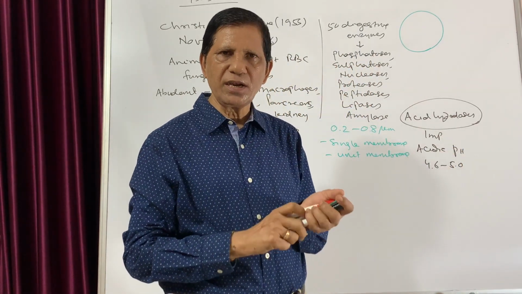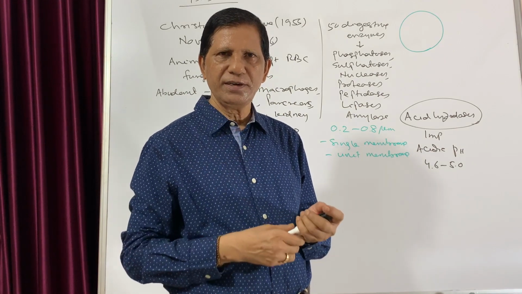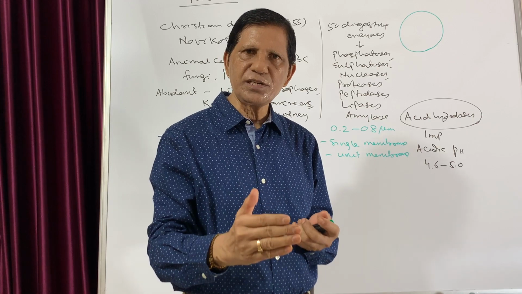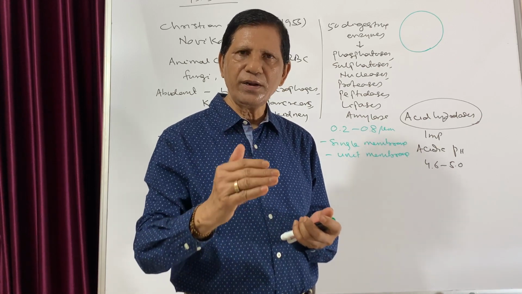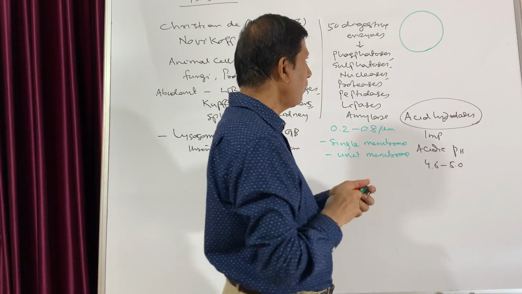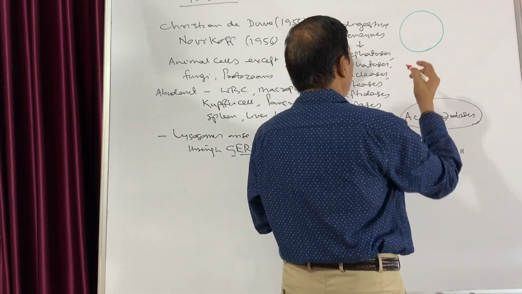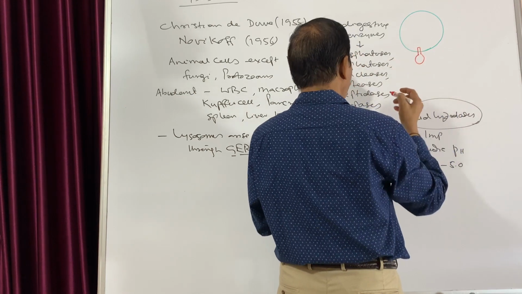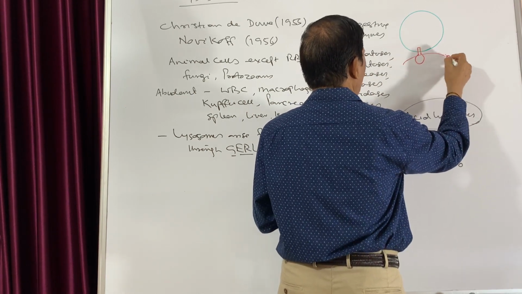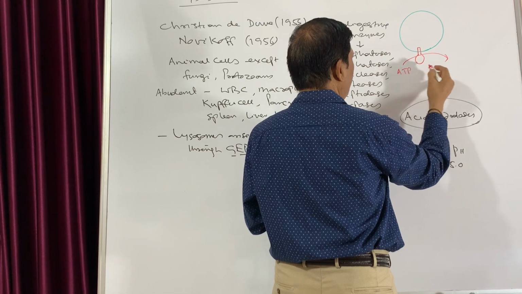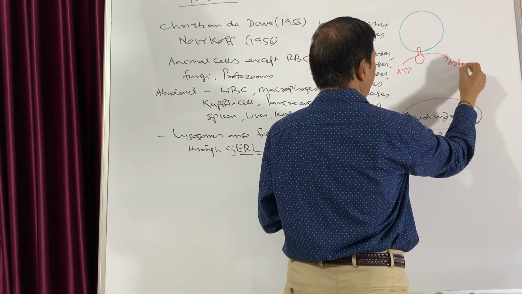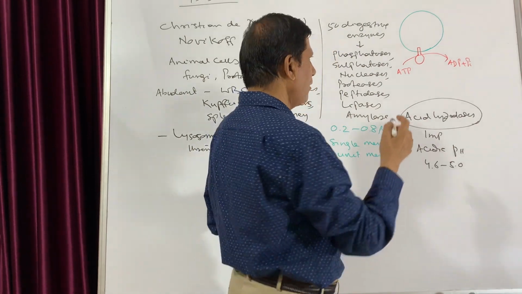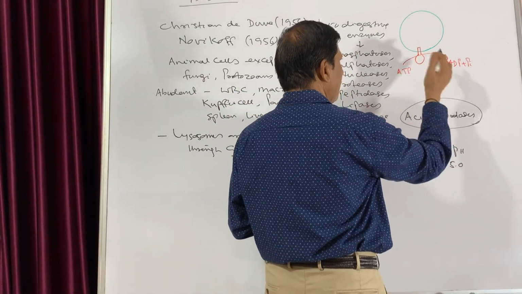Now the question is how this pH is maintained. It is maintained due to pumping of protons, which is ATP driven or energy driven. So how does the whole thing take place? Now this is the ATPase enzyme, and one molecule of ATP will break down to ADP and inorganic phosphate, and it will release energy.